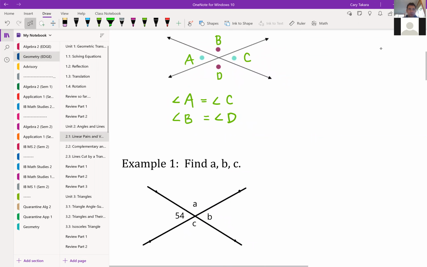So here's example number one. I want you to find A, B, and C. Angle A, angle B, and angle C. What do you think angle A is going to be?